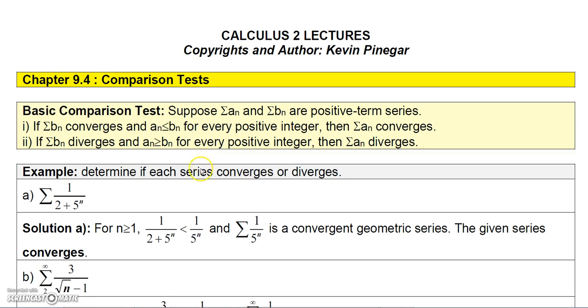So that kind of makes sense. It's like, okay, you've got a series that converges, so if this series is less than that series, then it must converge as well. If you got a series that diverges and this series is bigger than your series, then your series must diverge. Okay?